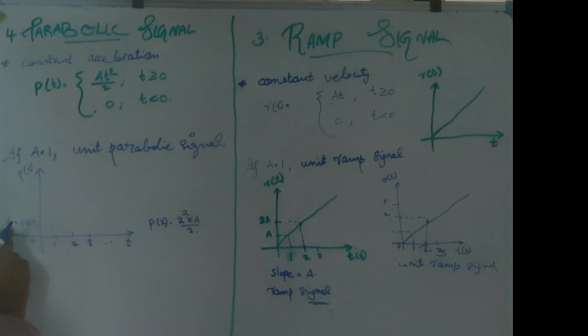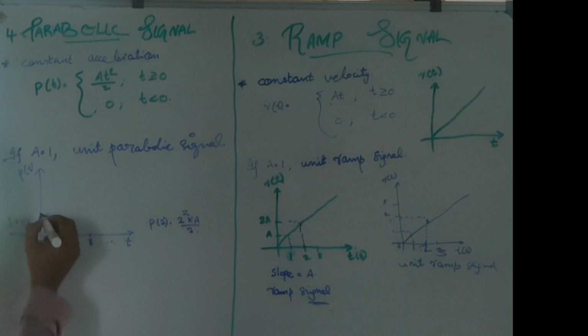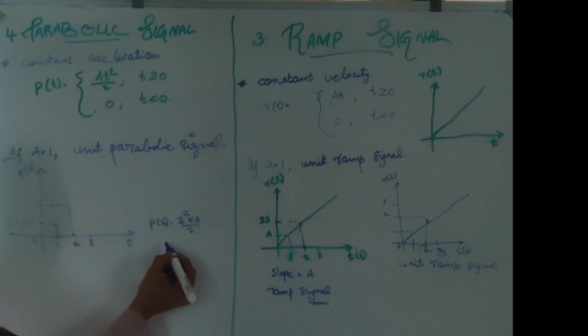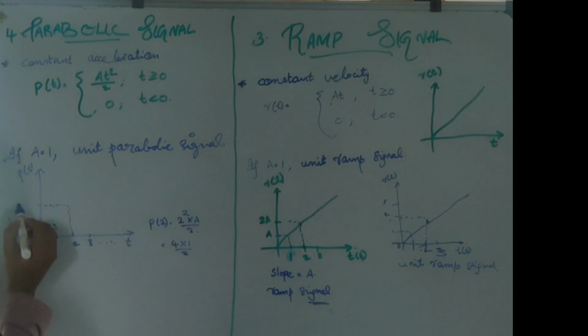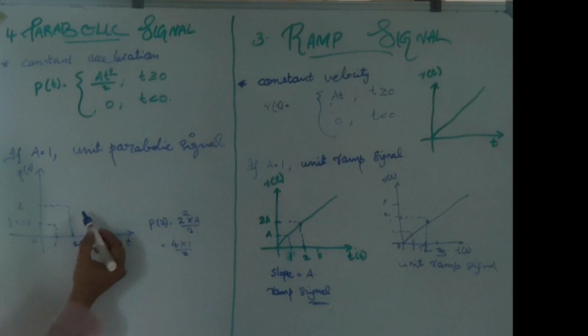So here a is equal to 1, so 0.5 into 1 is 0.5. p of 2 will be 4 into 1 by 2, that is 2a, 2. It goes on like this.